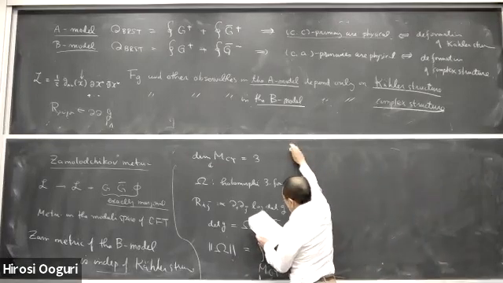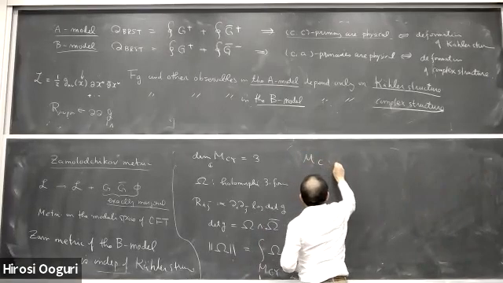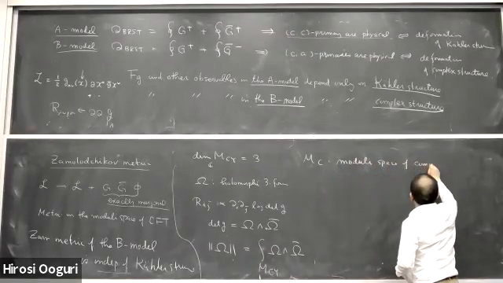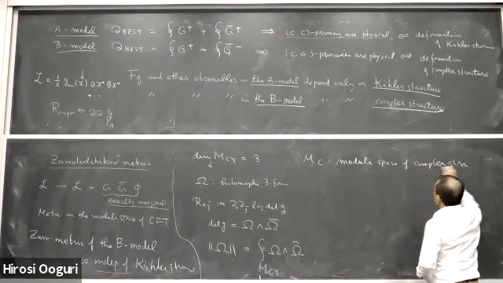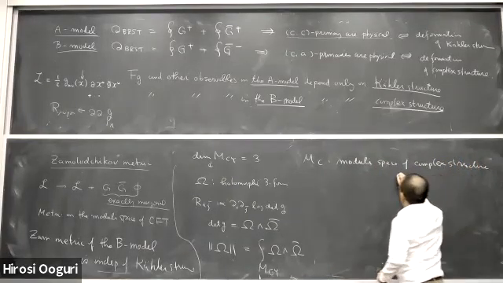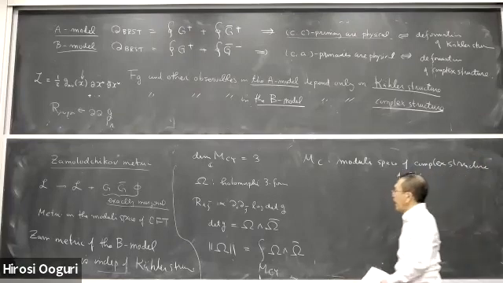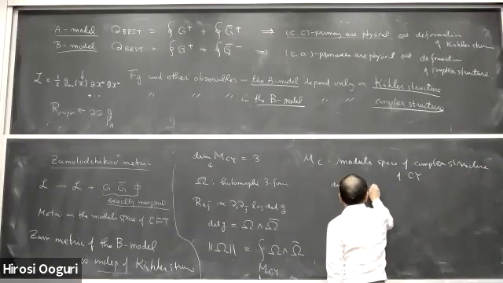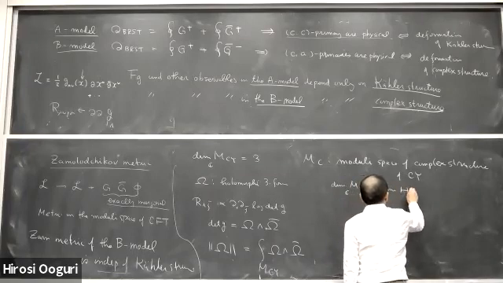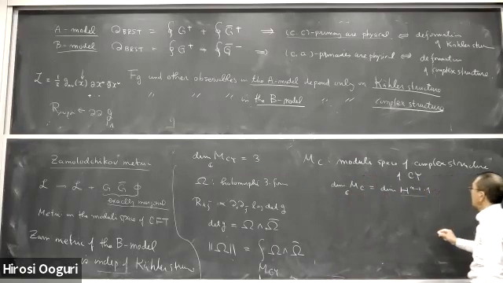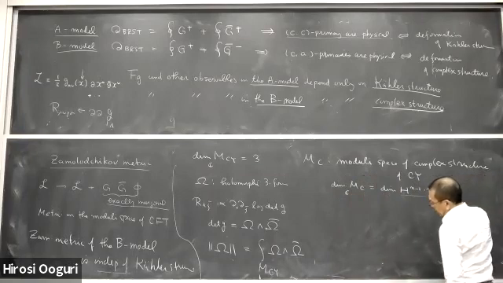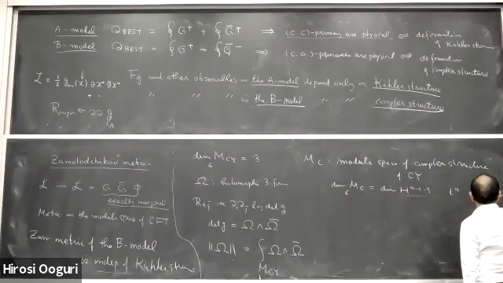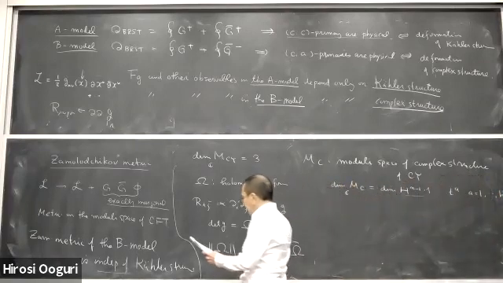So if I call M_C the moduli space of complex structure of the Calabi-Yau manifold, and suppose the complex dimension of the moduli space is the same as h^{2,1}, let's parameterize this in terms of a set of coordinates t^a, where a goes from 1 to h^{2,1}.